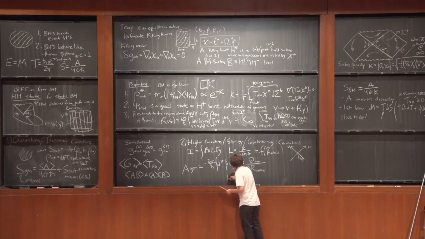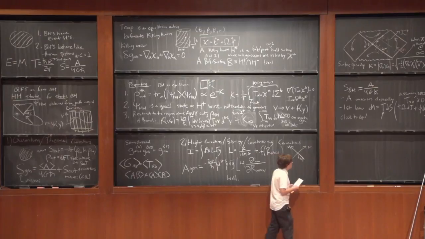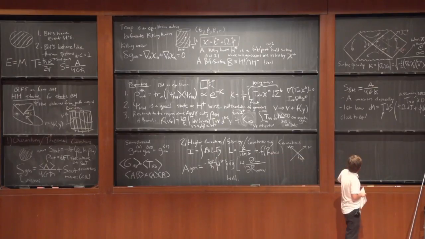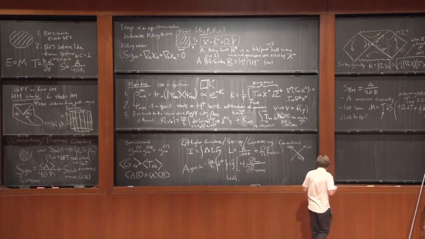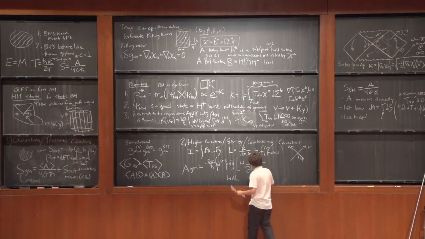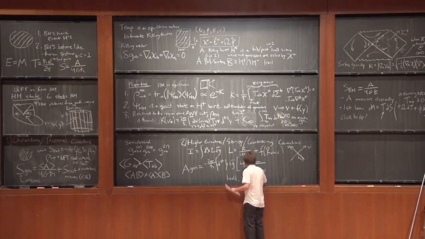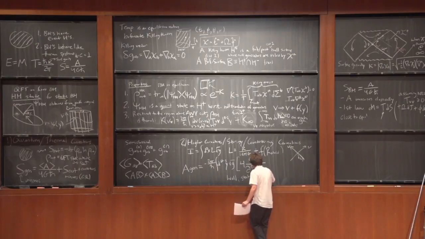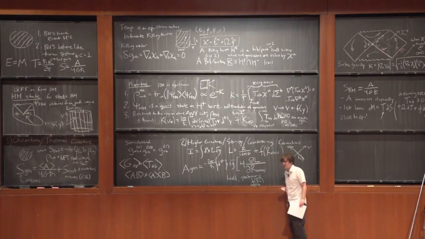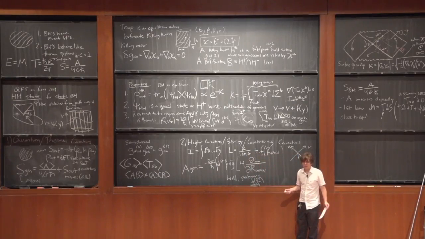So this is the Wald entropy, and it was proved that this formula obeys the first law. So it's valid when the black hole is stationary, and it also gives the right answer when your action is f of R gravity, where f of R is some function of the Ricci scalar.